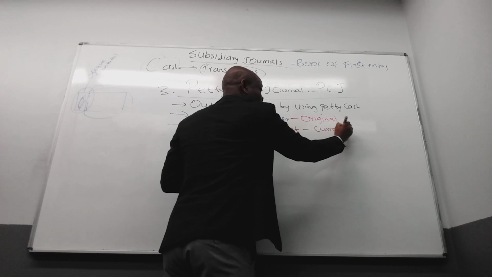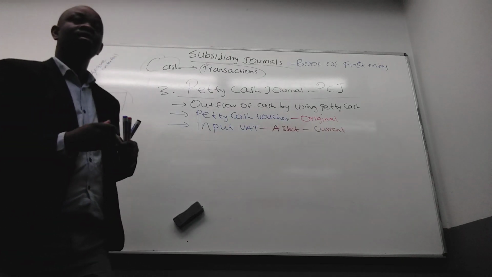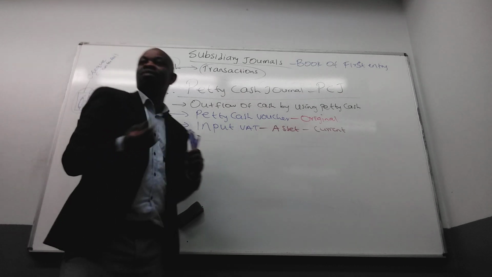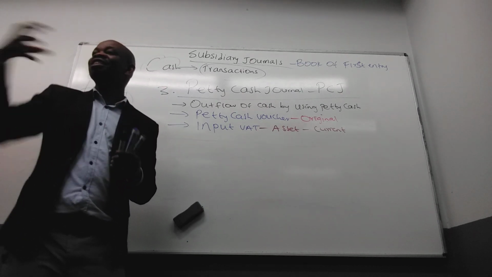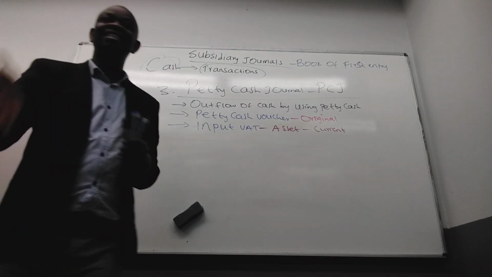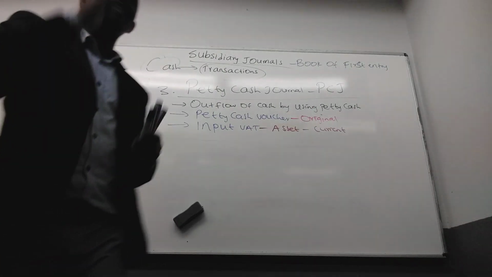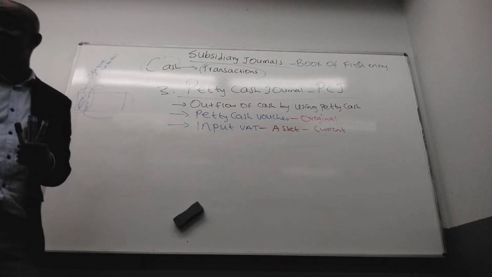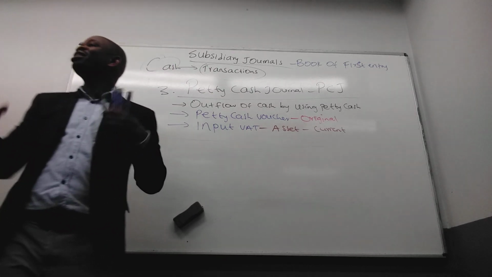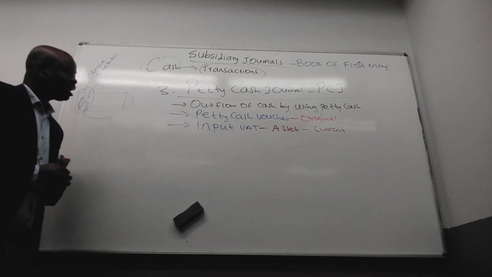I apologize, guys, for asking you, because I enjoy asking you questions. I'm just trying to show you that it doesn't change, even though it is under another book, okay? It's still input VAT. Don't worry, in the exam, when they give you those columns, you will see that they will give you input VAT. So you have to know how to calculate that, and how to open it, because I still have to show you the general ledger account. Okay.